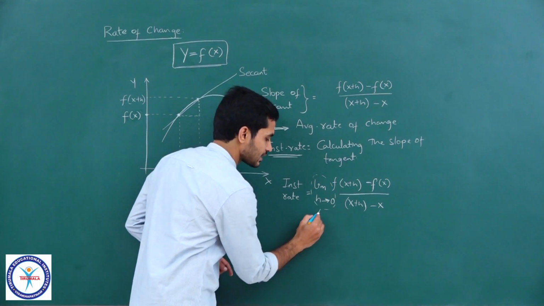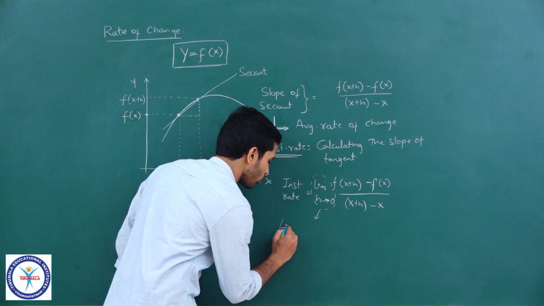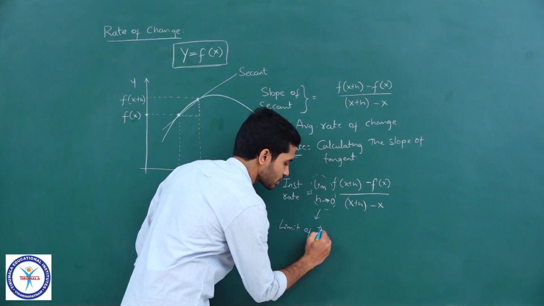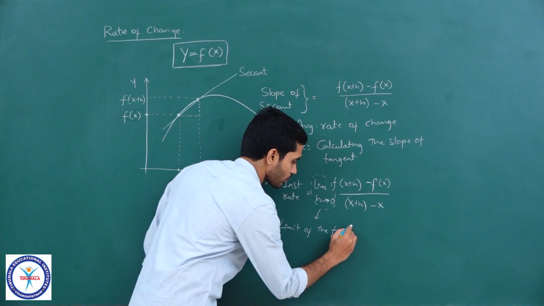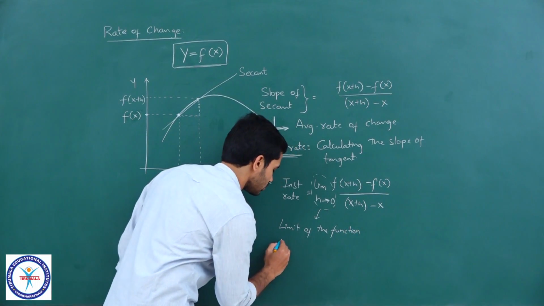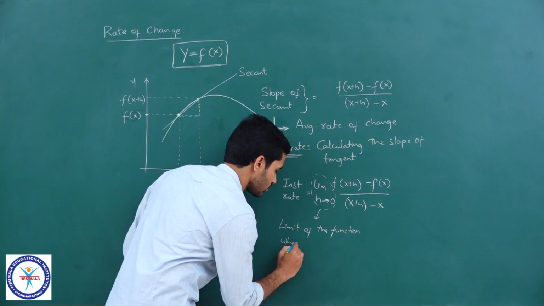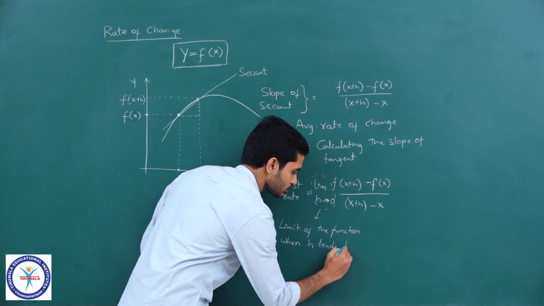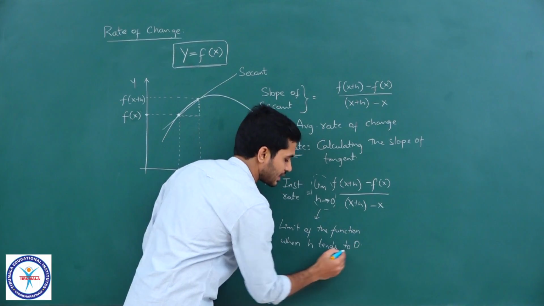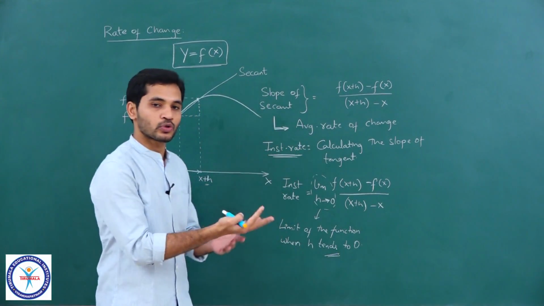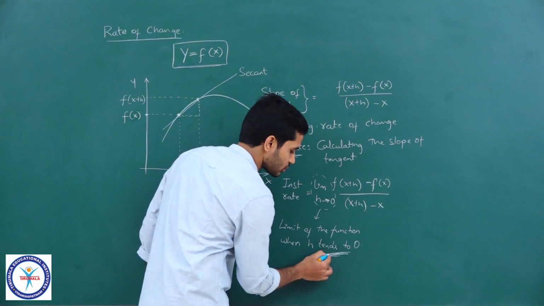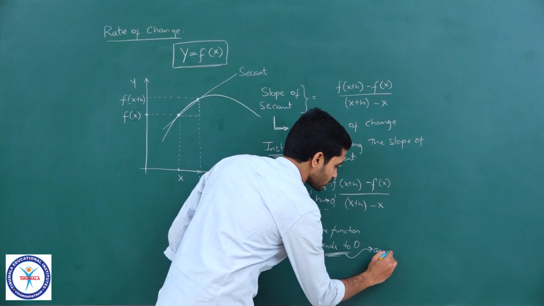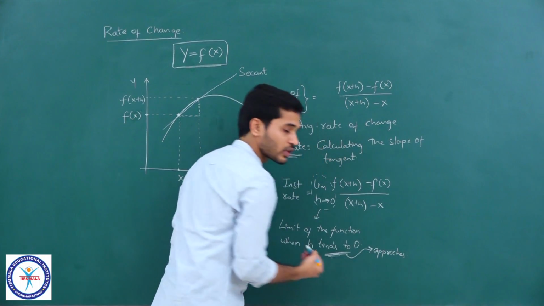The way we read this is limit of the function when h tends to 0. Tends to basically means approaches. I'll write that down also. Tends to basically means approaches. So, that is what we are looking for, correct.